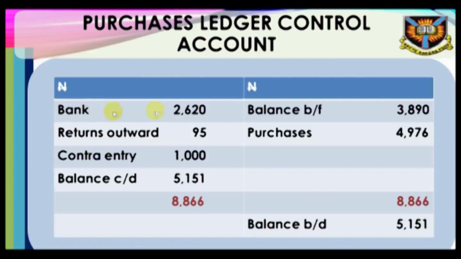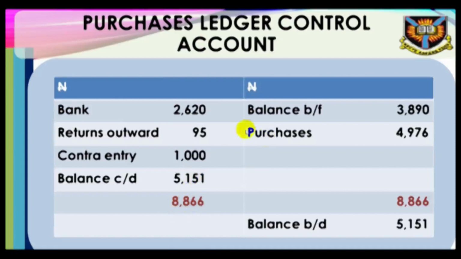Purchase ledger control account. On the debit side we have bank 2,620, return outward 95 naira, contra entry 1,000 naira, balance carried down 5,151 naira.